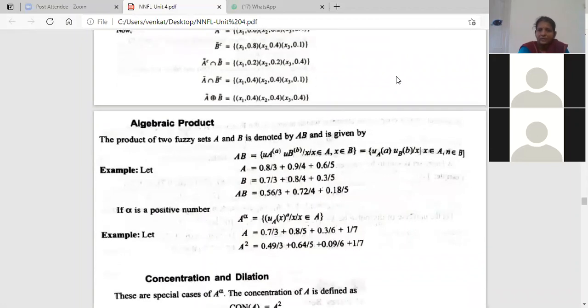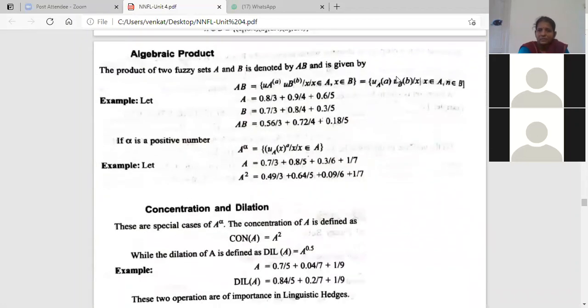Algebraic product. Okay, A and B are given. Completely in numericals. A is 0.8/3 plus 0.9/4, 0.6/4, 3/5.